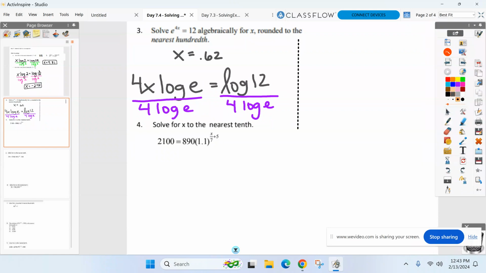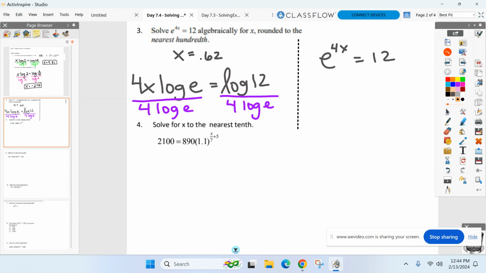All right, I said there's a second technique. You choose what you like. But the second technique is only if the base is E. Only if the base is E, you can use this second technique. First thing, just like it was here, make sure the base and exponent are by itself before you do anything. So move over whatever you have to move over. We didn't have to move over anything here.